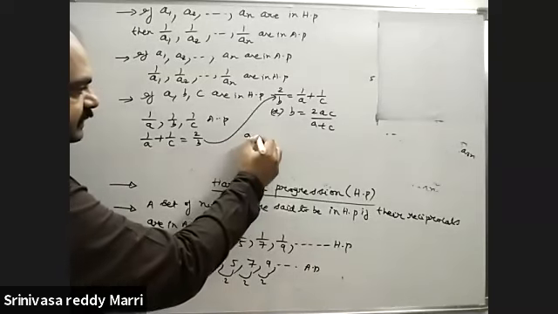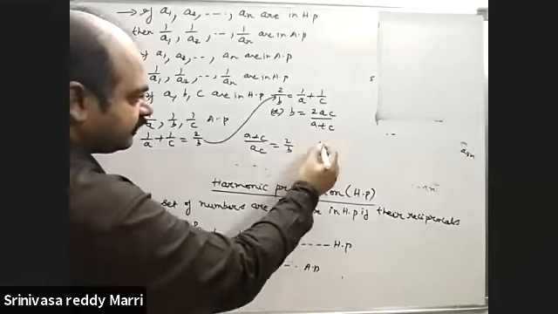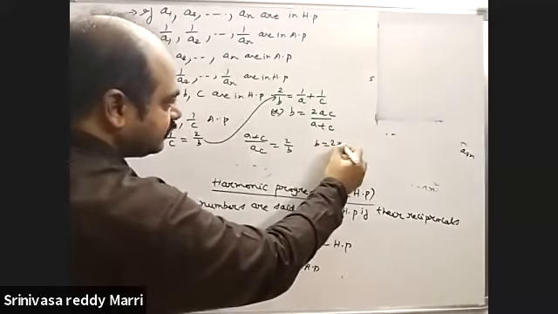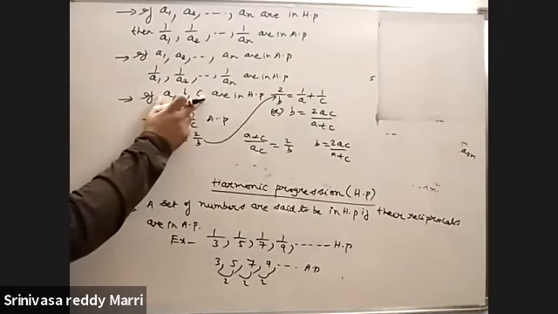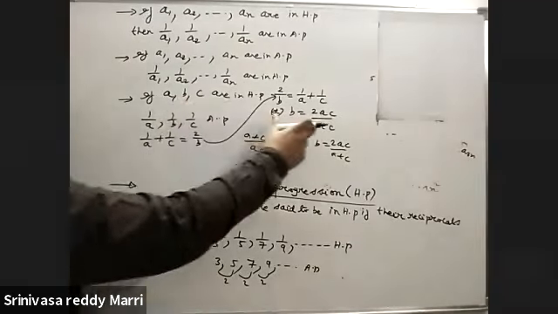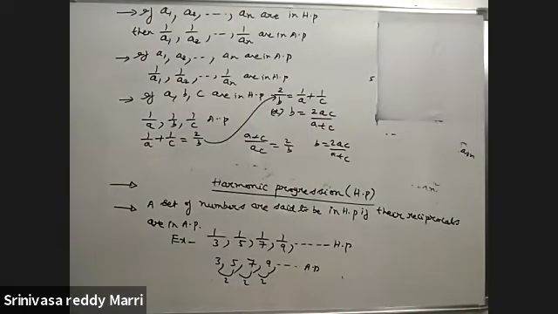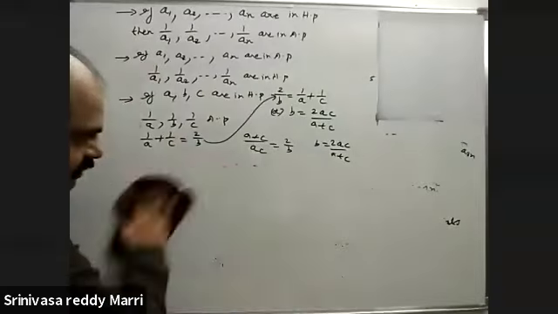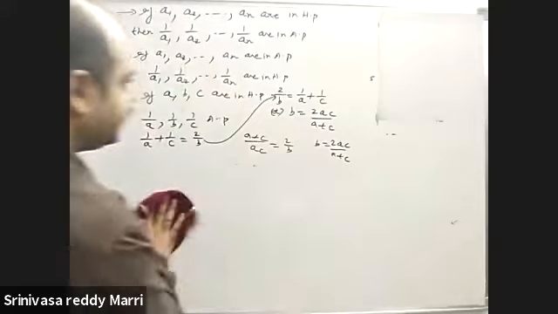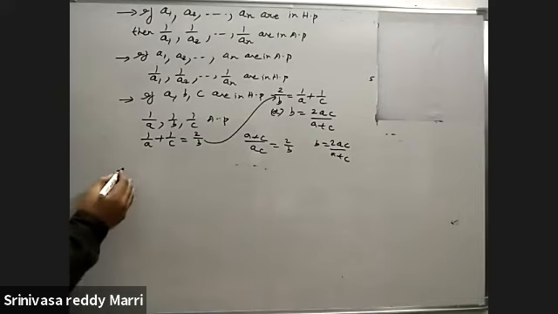Then if you take the LCM and cross multiply, you will get 2AC divided by A plus C. Whenever harmonic progression is given, use this formula or this formula, whichever is required in the problem. To prove that they are in HP, you prove this one or this one. So that is the harmonic progression condition.